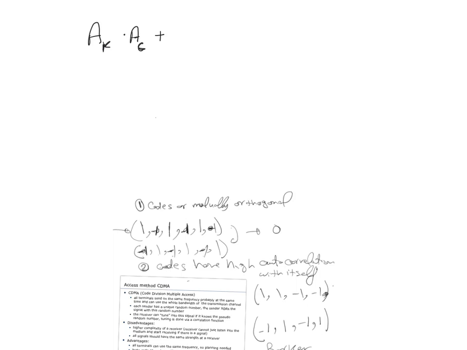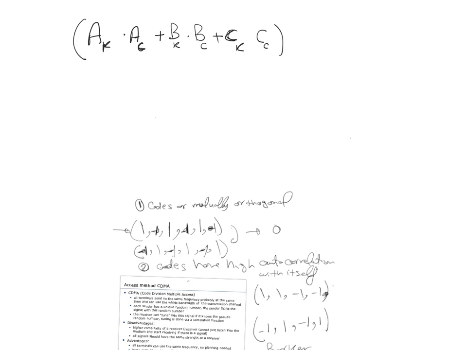The summation. Node B tries to send any data, and it uses a specific code for node B. Node C sends the same thing, any data, with a specific code CC. All right.